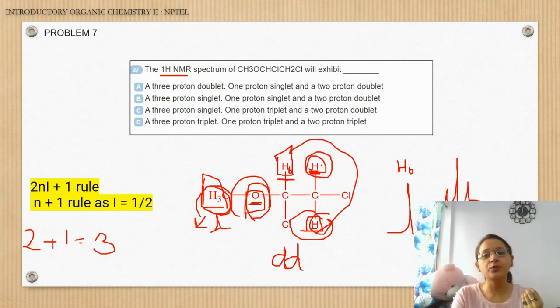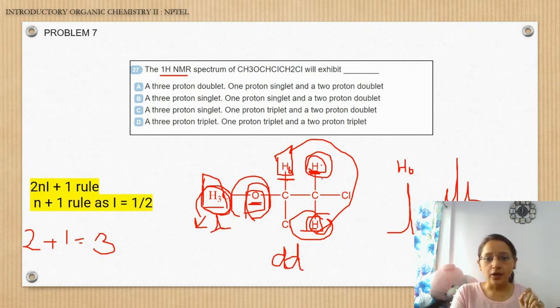So here you first have to consider the basics. When you know the basics, it is very easy for you to understand the difference between equivalent and non-equivalent protons and how they split the signal differently. Here these two protons are similar, that is why it is splitting this HB signal into a triplet according to the n plus 1 rule.